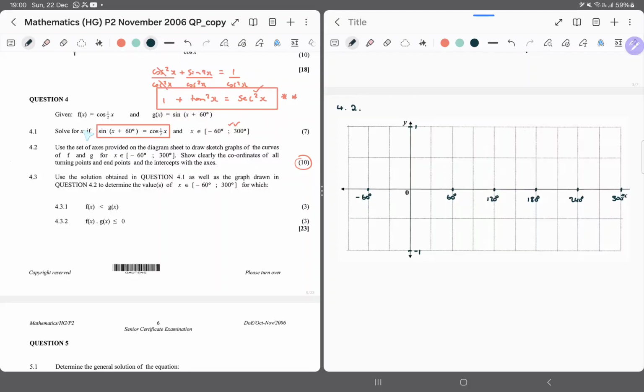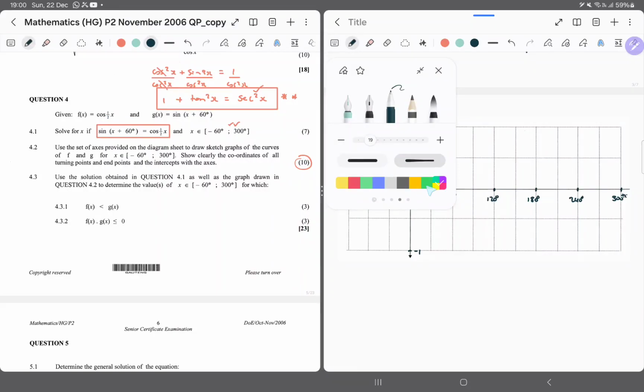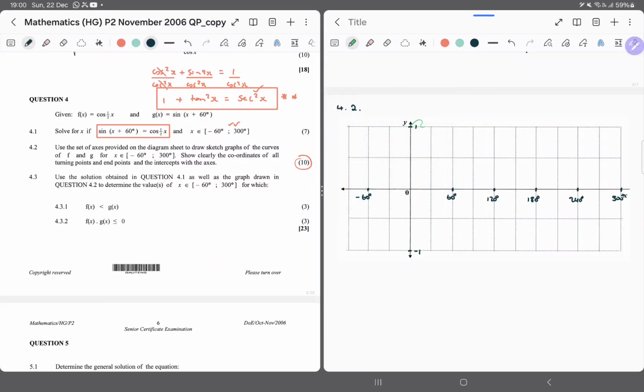Now, guys, we can start with the cosine graph. Cos of 0 is 1. So this graph goes all the way to the top. So we are here. Right. Now, we are saying half of 60 is 30.